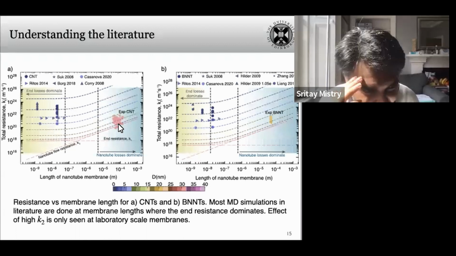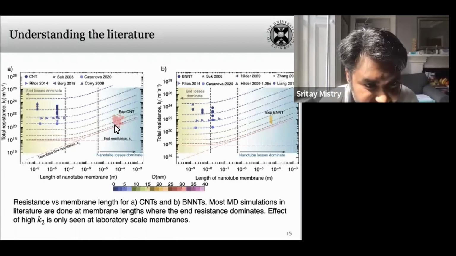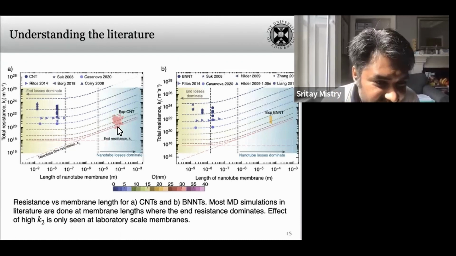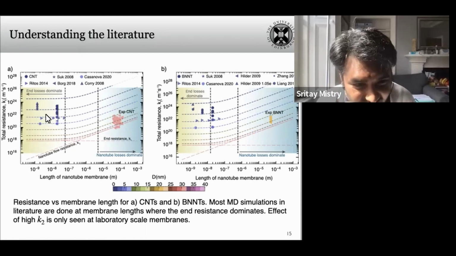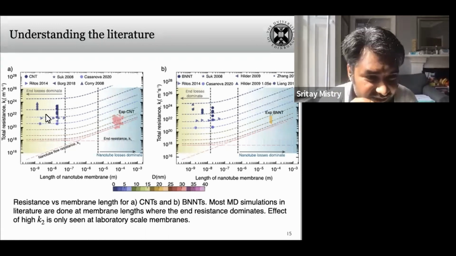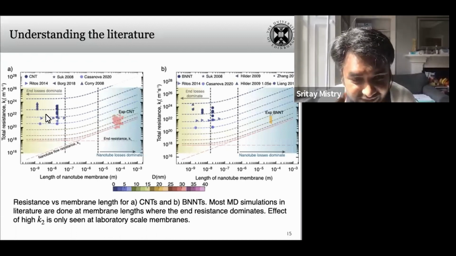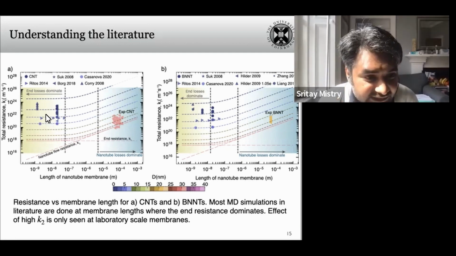So you have a situation where the experiments have these long nanotubes where K2 is dominating. The simulations have these short nanotubes where K1 is dominating. And so this creates grounds for this discrepancy to arise. And as we have seen previously, the K2 for BNNTs is unquestionably higher than for CNTs.